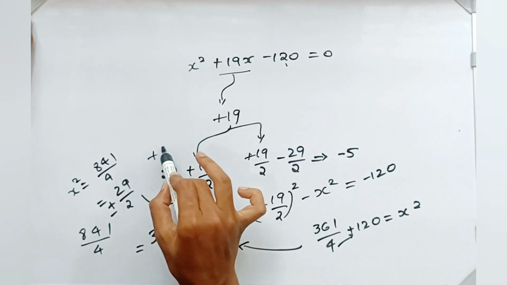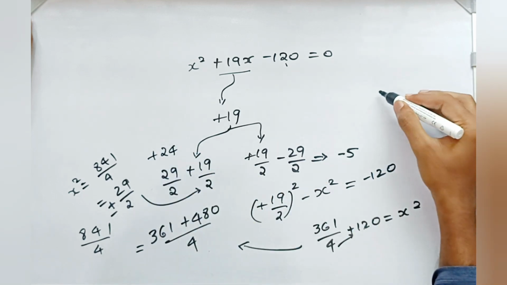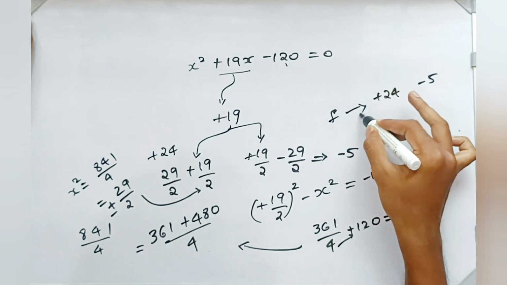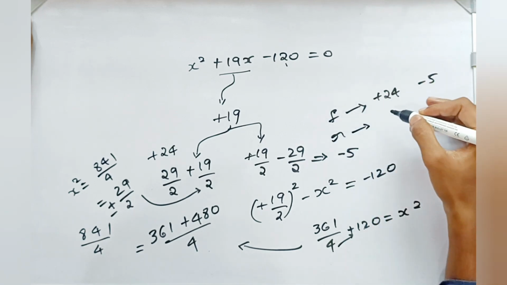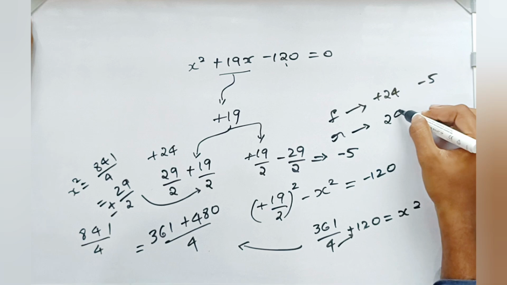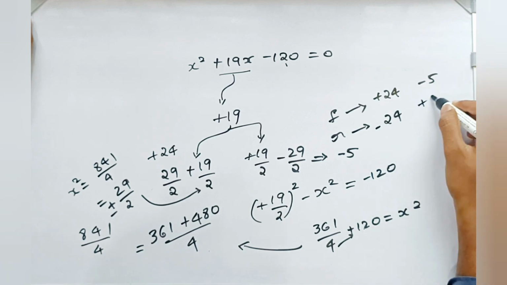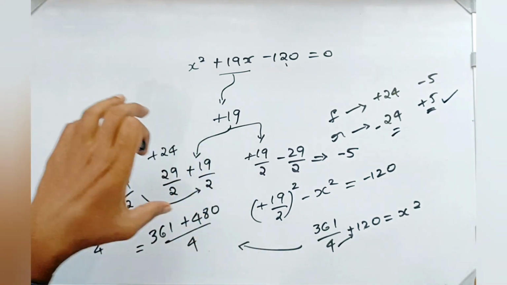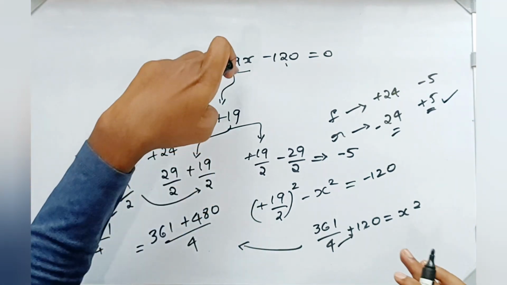It is plus 24. So we get the factors as plus 24 and minus 5. These are the factors, remember that. And roots are nothing but the change of the signs. It is minus 24 and here we have plus 5. Minus 24 and plus 5 are the roots. Simple. And this is how you have to solve when it is an odd number.